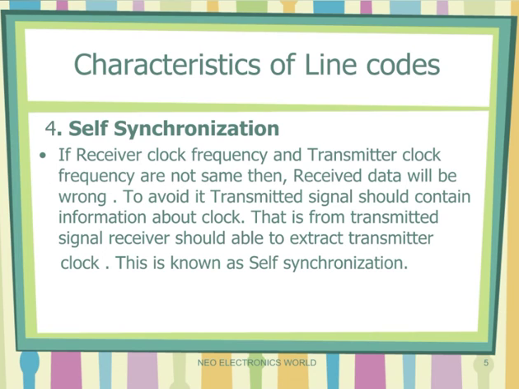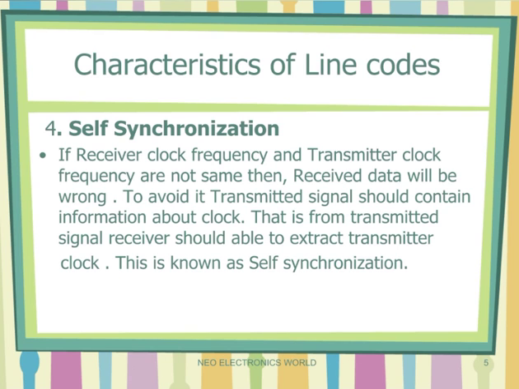The correct data that was transmitted will be received at the receiver end using this property of the line code. In the name itself, self-synchronization means the transmitted signal itself has the information about the clock. It will be self-synchronized with the clock.